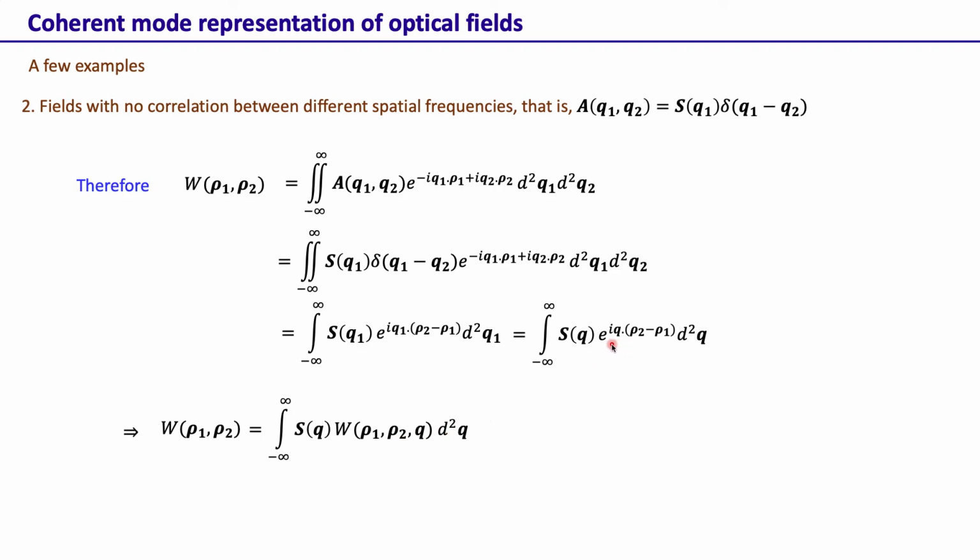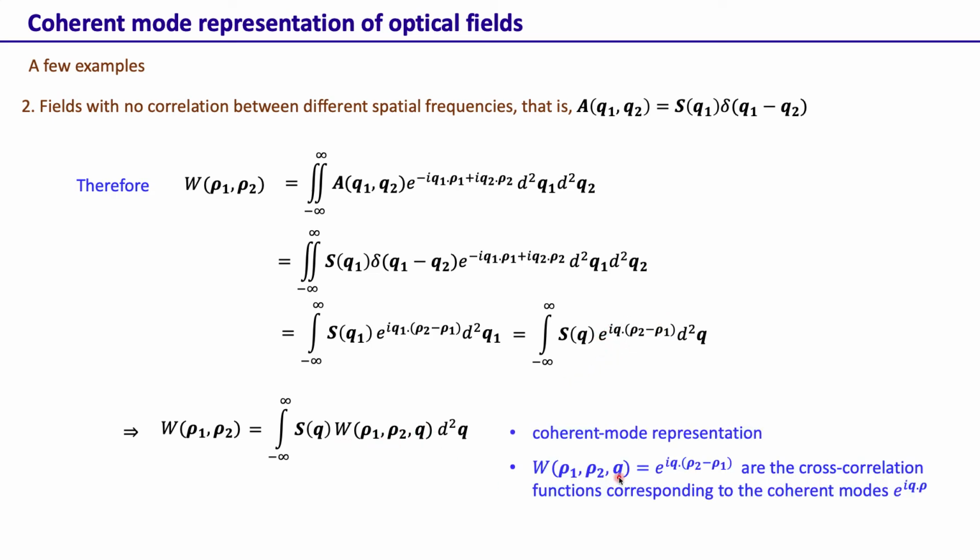So it is just e to the i q dot (rho 2 minus rho 1). That's fully coherent, with no ensemble averaging involved. So this is the W corresponding to a fully coherent mode, and that's the coherent mode representation of a field with no correlation between different spatial frequencies.